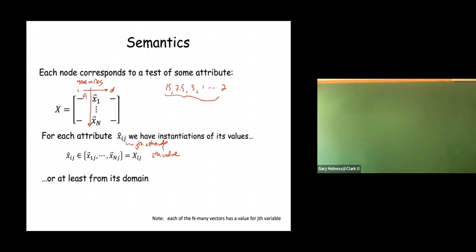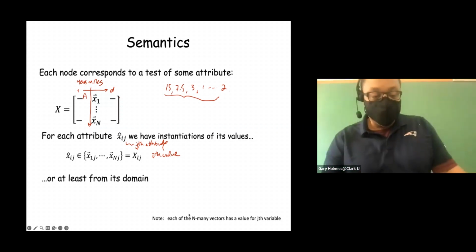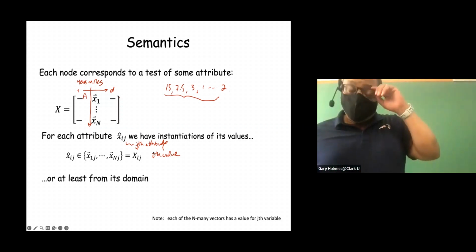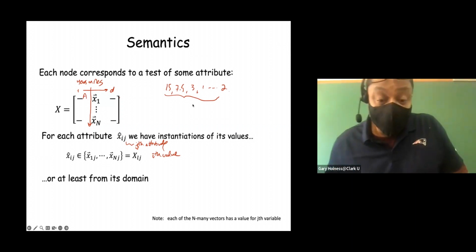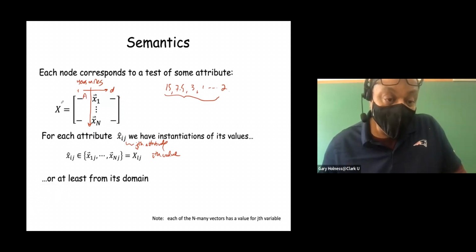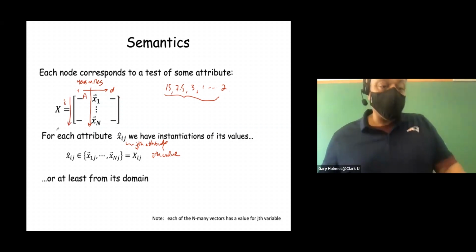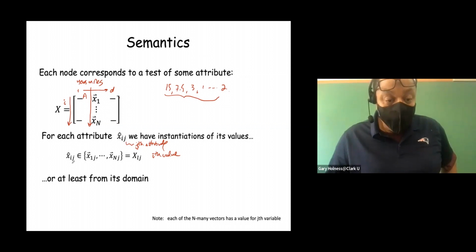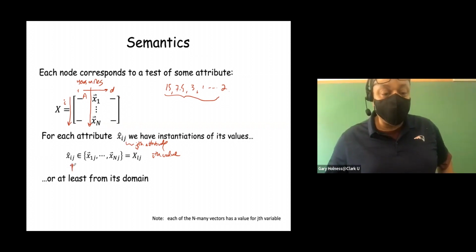And so if we collect all of those values in this notation, which I think I flubbed a little bit last time, we have the ith data instance, and that i indexes over which data point it is. And then for each one, we have a jth attribute.